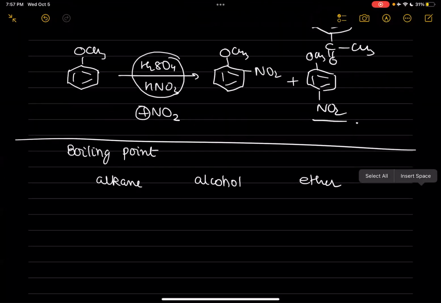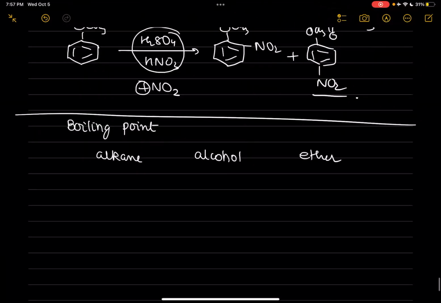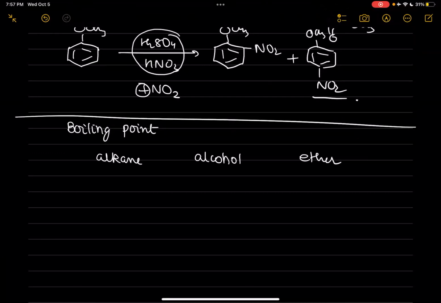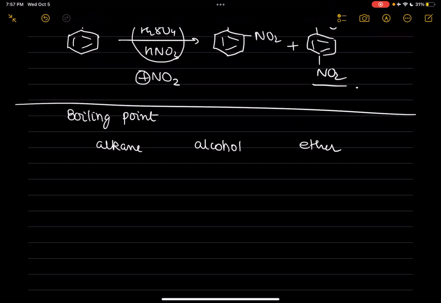So among alkane, alcohol and ether, what's going to be the boiling point order? Yeah, Imad. Any idea? Can you repeat the question? It is going to be maximum for whom? For comparable, for the same molecular weight, it is going to be maximum for alcohol.